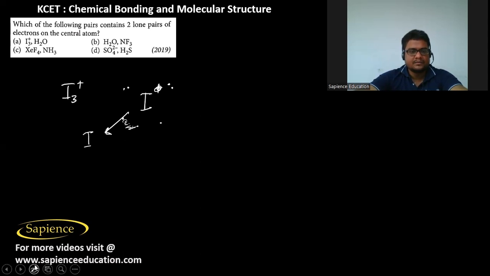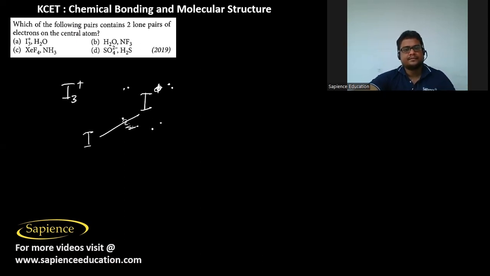Here one single bond will be formed. Here also another bond will be formed. Here I plus, here 1, 2, 3, 4, 5, 6. Okay, so it is the structure of I3 plus.